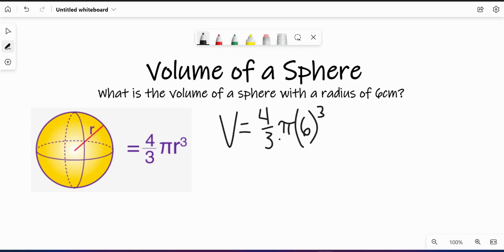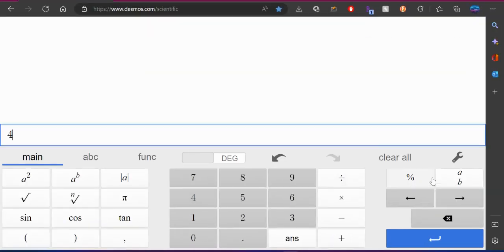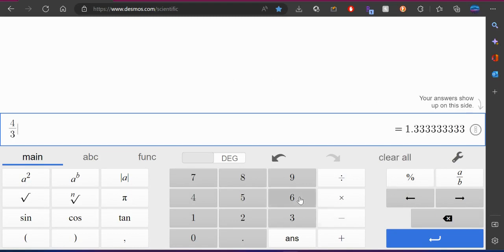Now, if you're doing this in terms of pi, you have to figure out what 4/3 times 6 cubed is. So if you have a calculator that shows parentheses, shows all the steps laid out, you just type in 4/3 times 6 cubed, right? So for example, the Desmos here. 4/3 times 6 cubed is 288.